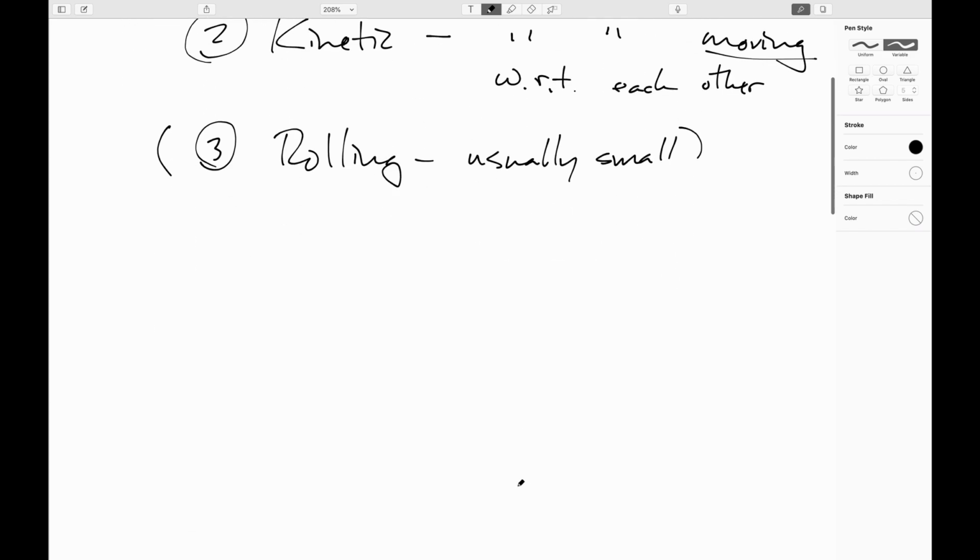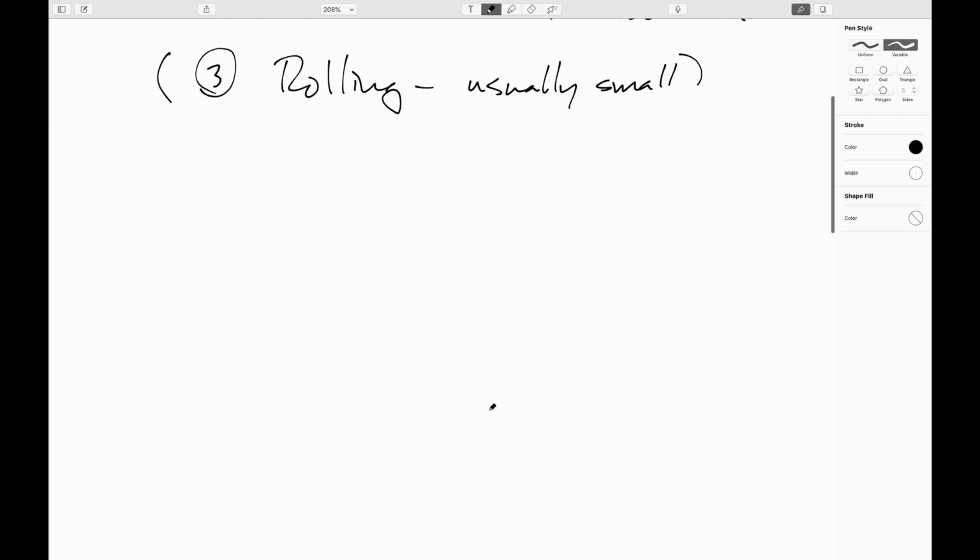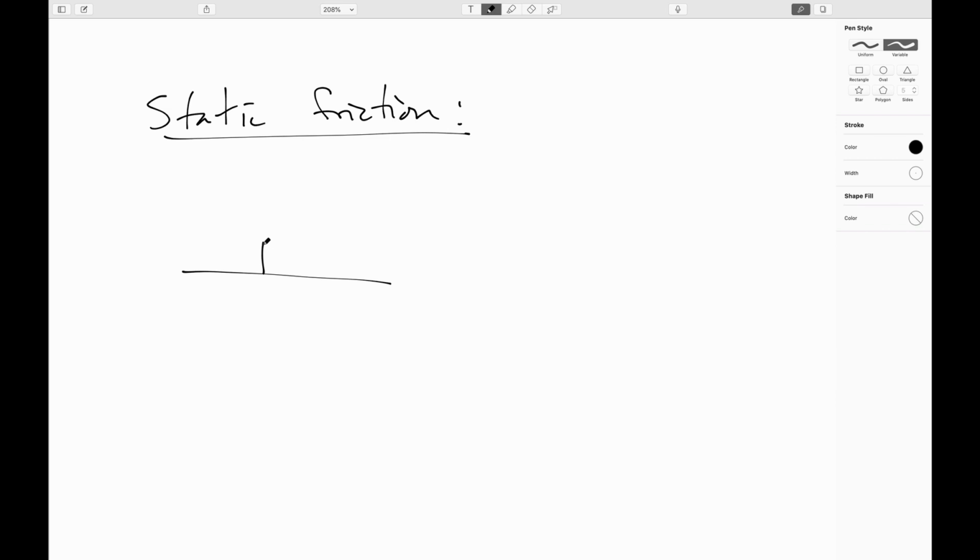All right, so let's go and take a look at static friction. In static friction, the object is stationary with respect to the surface. So for instance, let's just say you have a crate that's just sitting on the ground, and that's it. What would the force of static friction be?